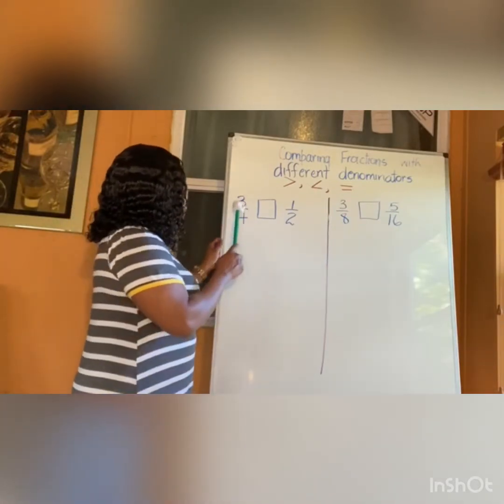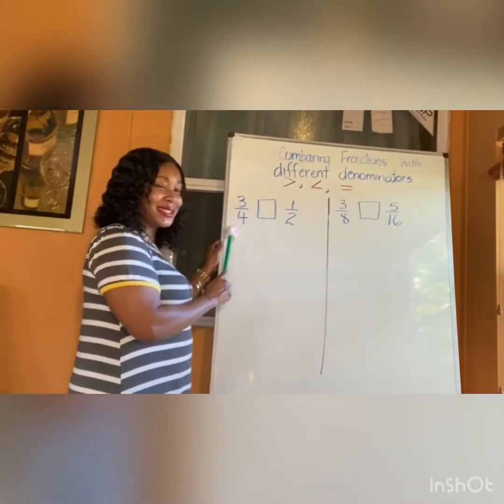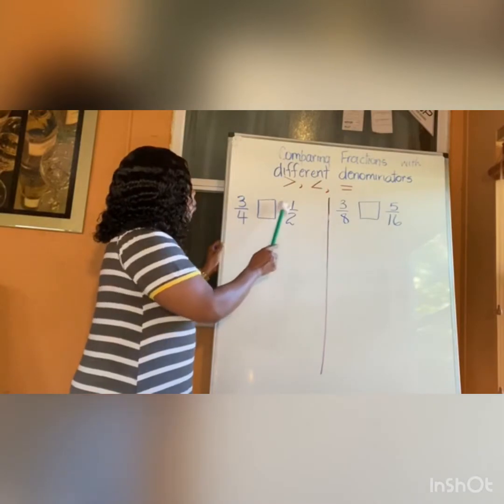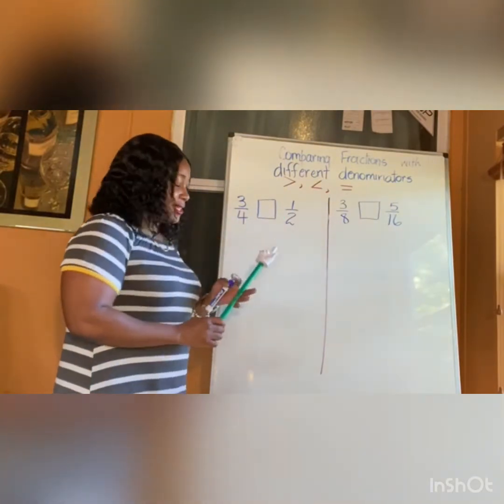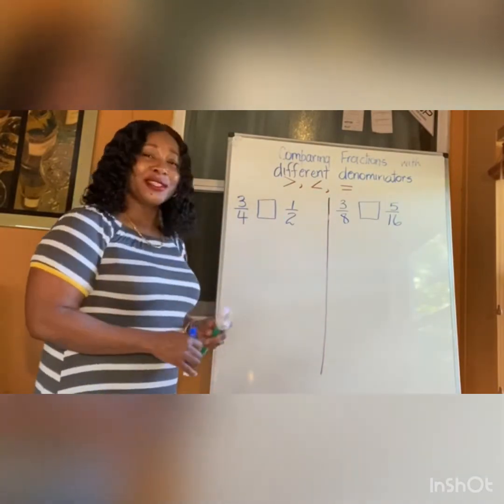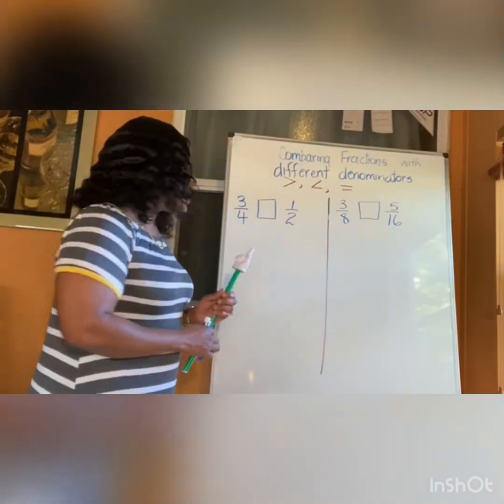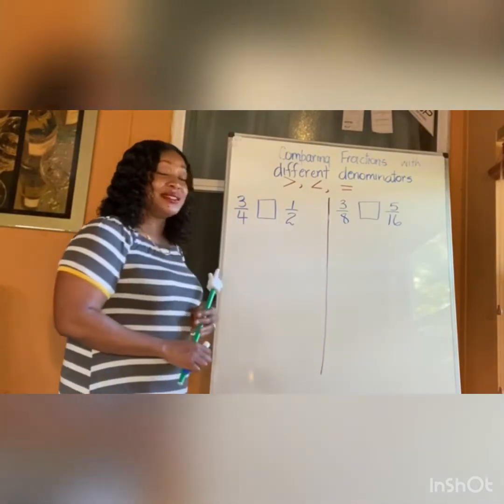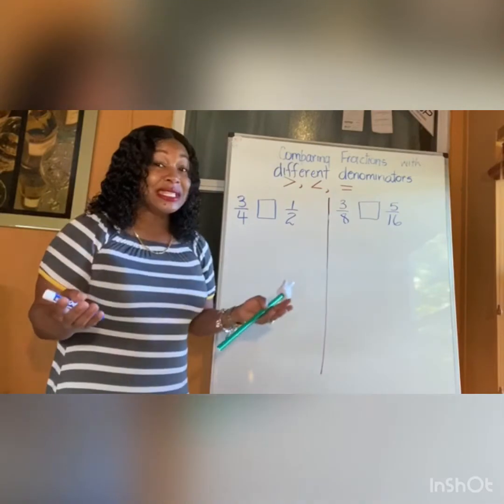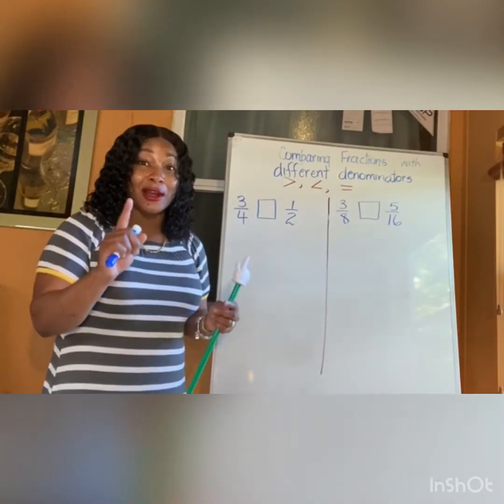So today we have 3/4 and we're comparing it to 1/2. The first way I'm going to do this is by making the denominators the same. Once the denominators are the same, it becomes easy.